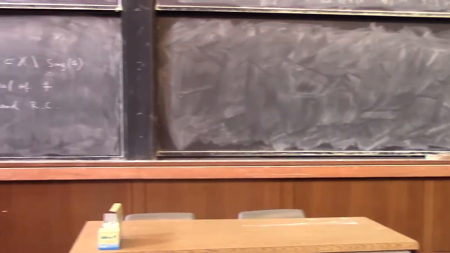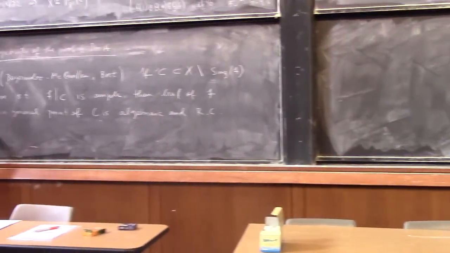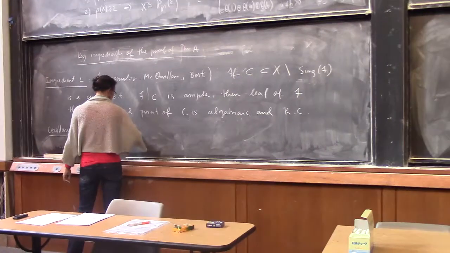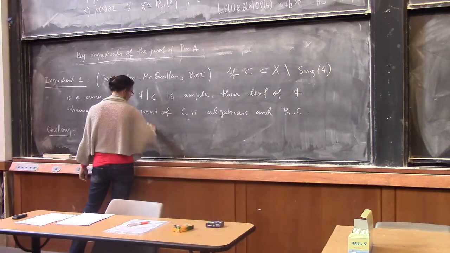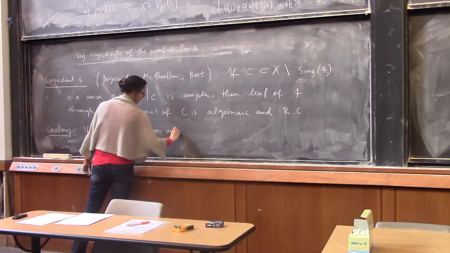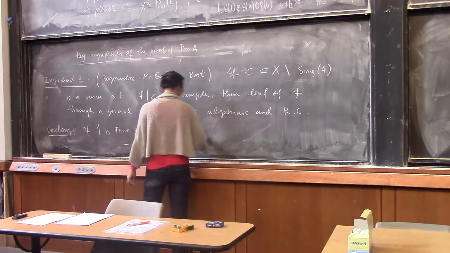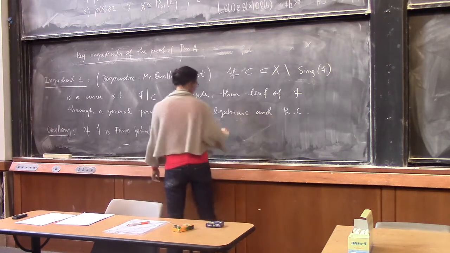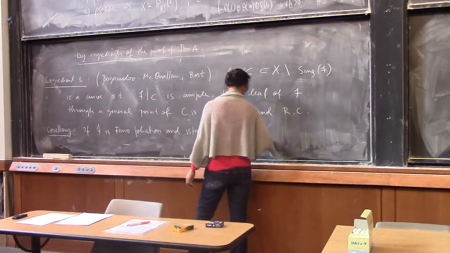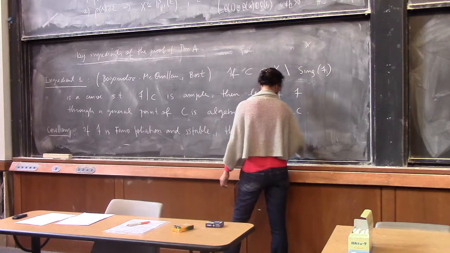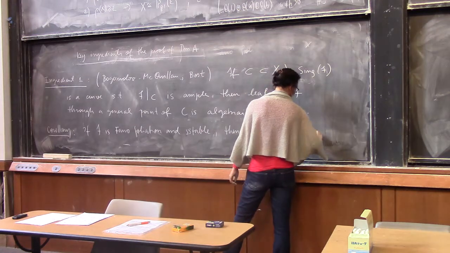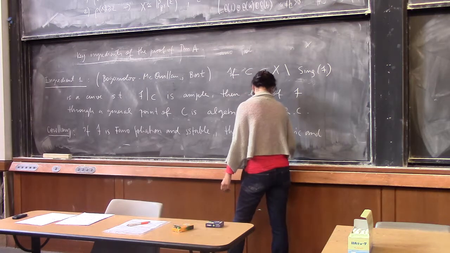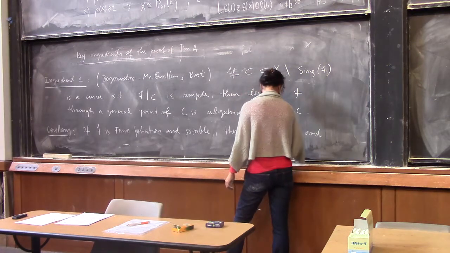So as a corollary, you see that if I have a Fano foliation, or actually semi-stable, then F is algebraic and the general leaf is rationally connected.